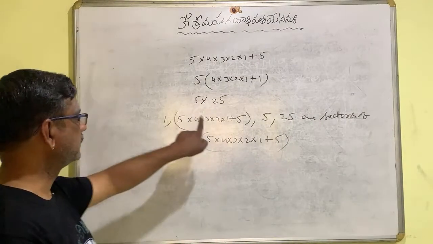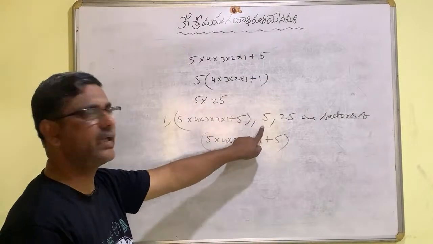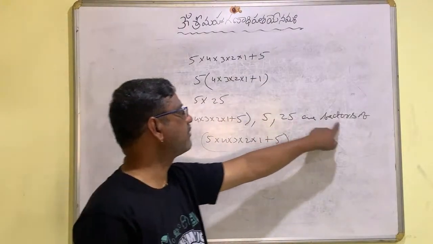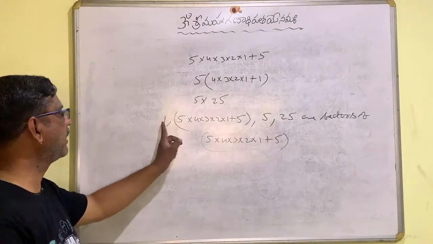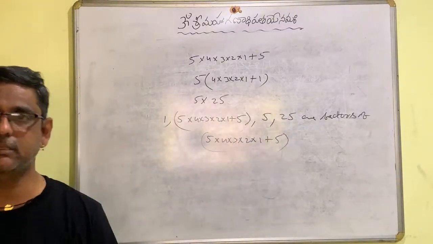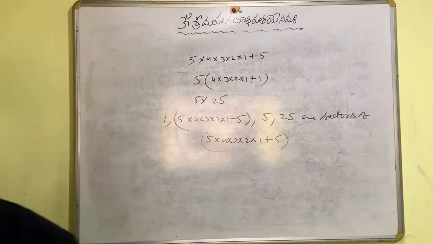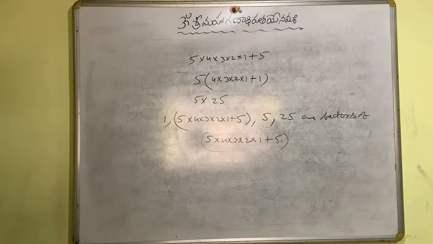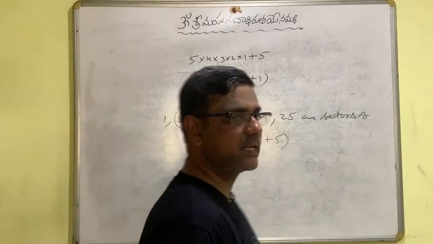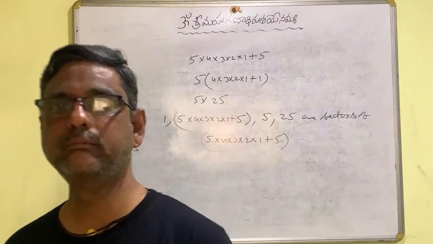So since it is having 4 factors, it is a composite number. From the definition of composite number, since it is having more than 2 factors, the given number is a composite number.